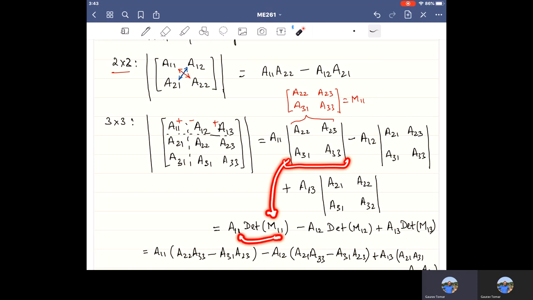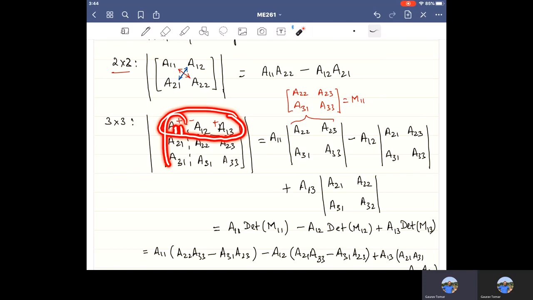So this minor is essentially the matrix obtained by leaving out the row corresponding to the first index, 1, and the column corresponding to the second index, 1.